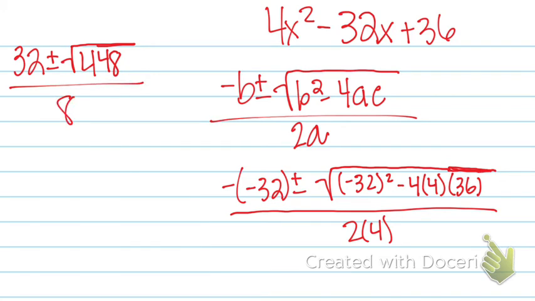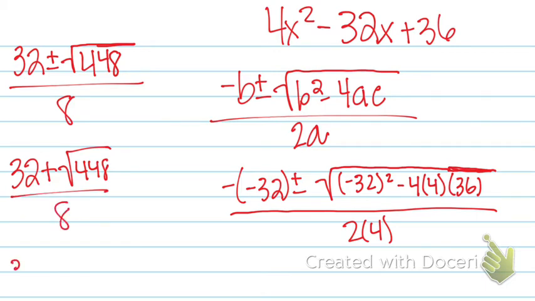Now, we simplify. We're typing in two different things. First, we're typing in 32 plus the square root of 448 over 8. After we do that, we're typing in 32 minus the square root of 448 over 8.